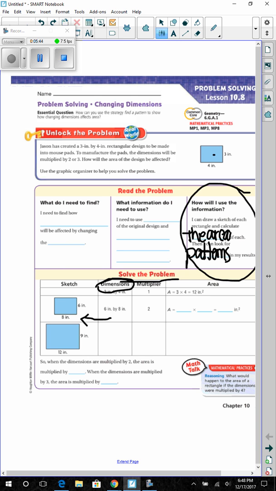Now, the multiplier here on the top is 1. The multiplier on the bottom is 2. A equals 6 times 8 equals 48.